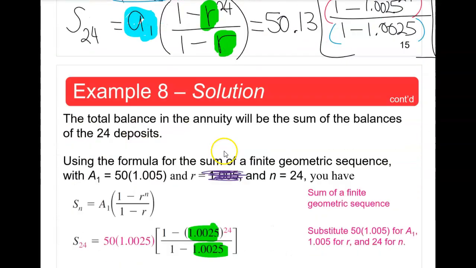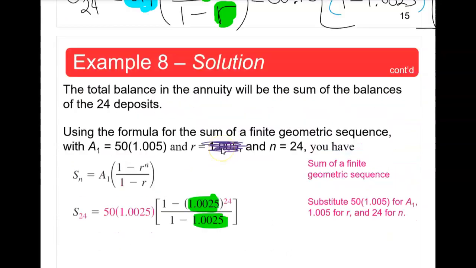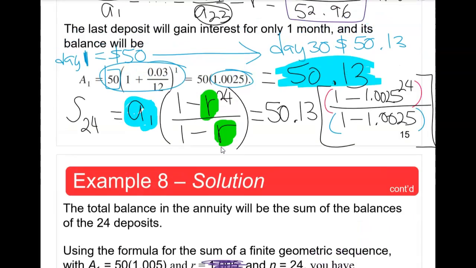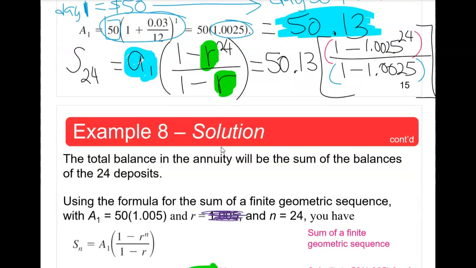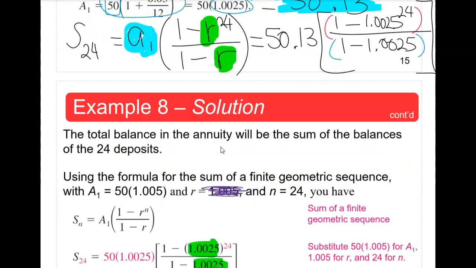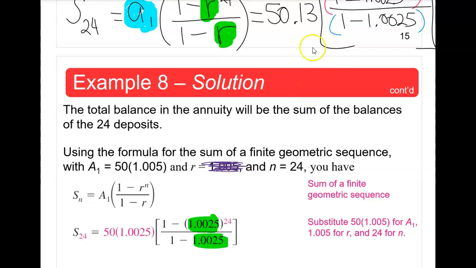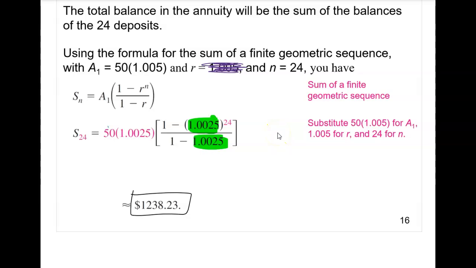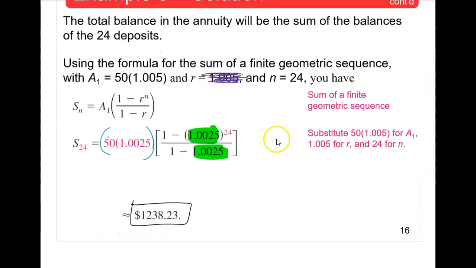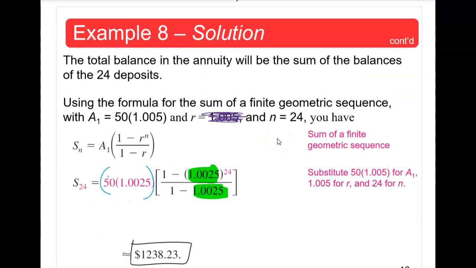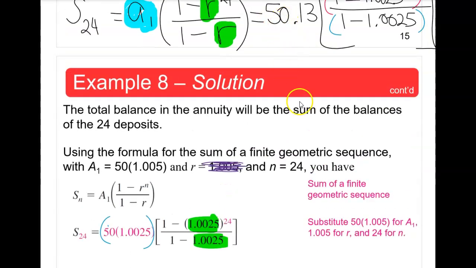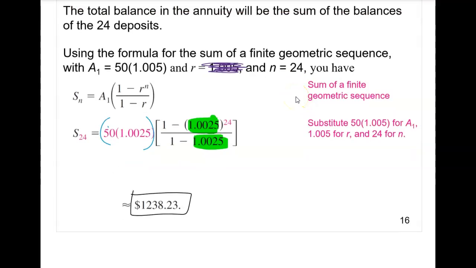And so because of that, when we use our substitution, we use the term A sub 1, which is here, 50.13, or as you can see it here, they're just writing it as 50 times the interest. But that is equivalent to what we actually found here, 50.13, like that.